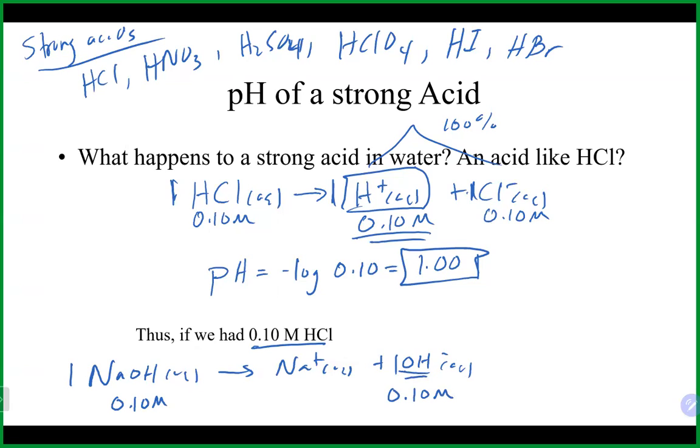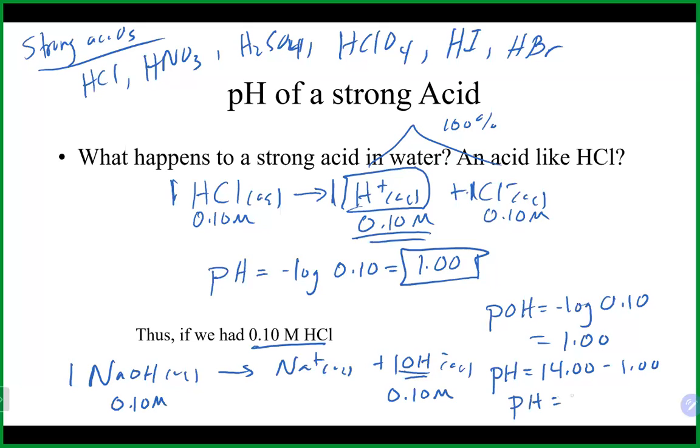That would allow us to calculate not the pH, but the pOH, minus the log of 0.1, which gives us a 1 for our pOH. Then we can subtract from 14 and get our pH, which will equal 13 in this case, which is definitely basic. So even with a base, if it's a strong base, because it will again 100% break apart, you could get the hydroxide concentration, put that into the pOH, and then subtract from 14 to get to the pH. Any questions on that?